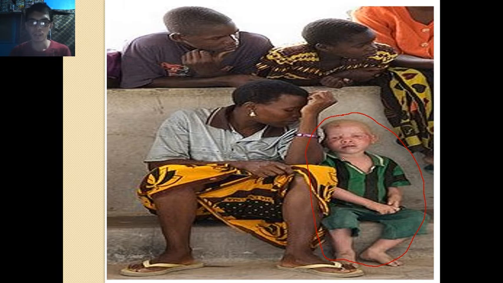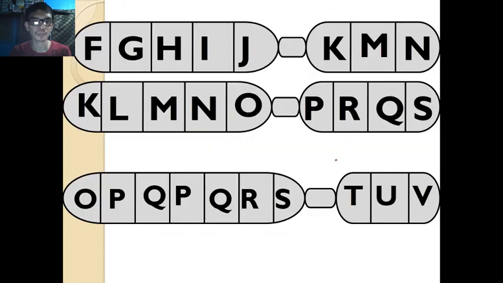Alright, next one. Feel free to pause the video if you want to take on this practice. In this practice, we will try to identify what kind of mutation occurred in the chromosomes that we have right here. Let's take a look at the first chromosome.